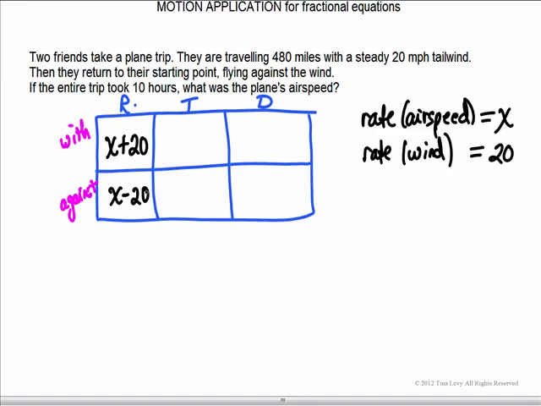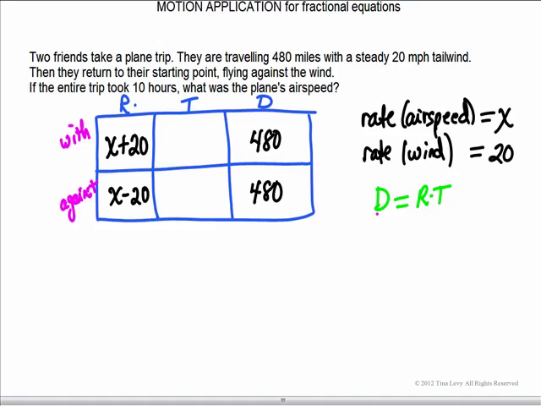I know the distance each way, so I know I'm going 480 miles. The formula is distance equals rate times time. Once you've gotten two entries in the table, you have to get the third column, and you can see that's the time column. So I can get time by dividing both sides by r.